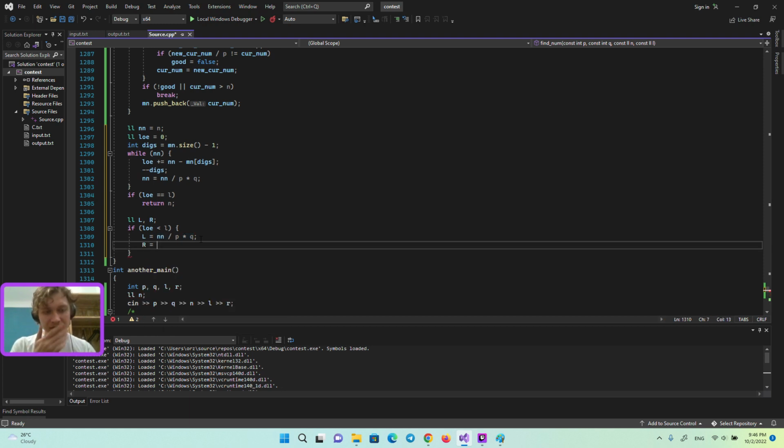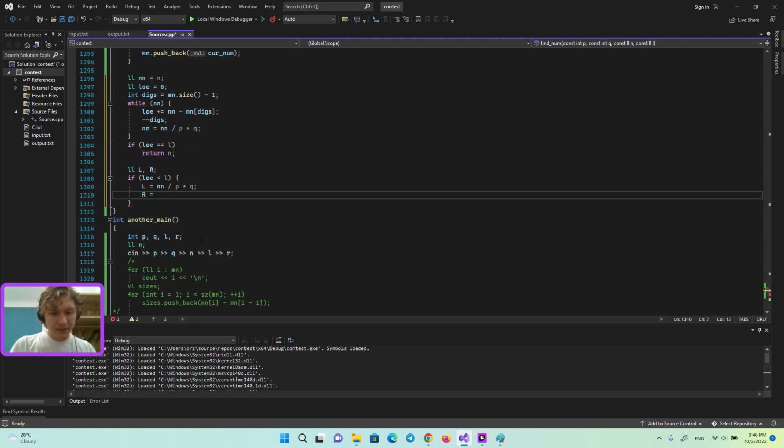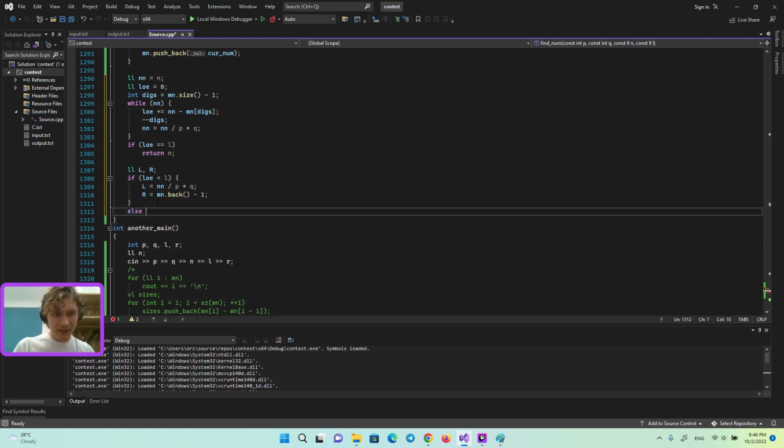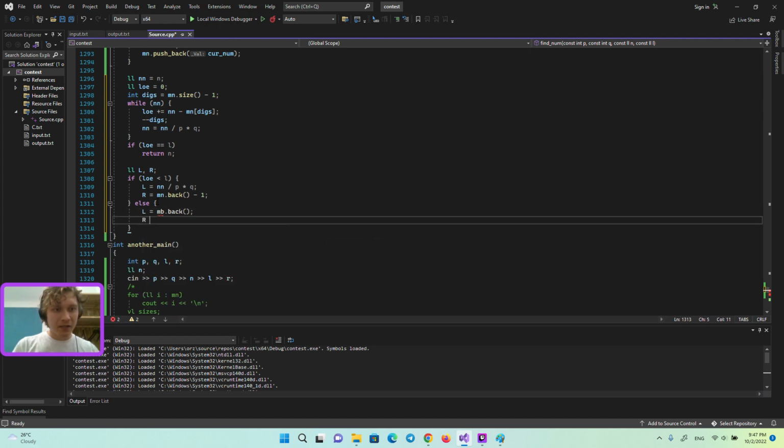And R equals mn dot back minus 1. And R is at least good. Else I say that L equals mn dot back and R equals N.